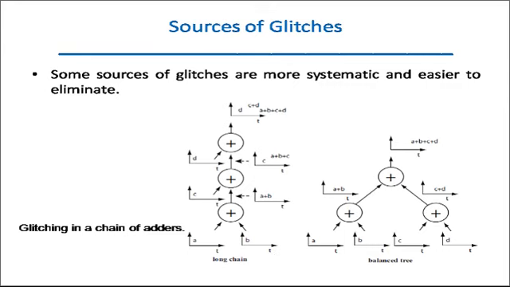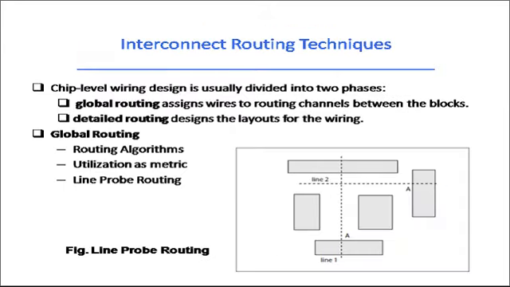Now the next topic, interconnect routing techniques. Whenever you fabricate any IC, inside the IC you have to connect different components or different sections, and these are connected through wires, or metal paths.